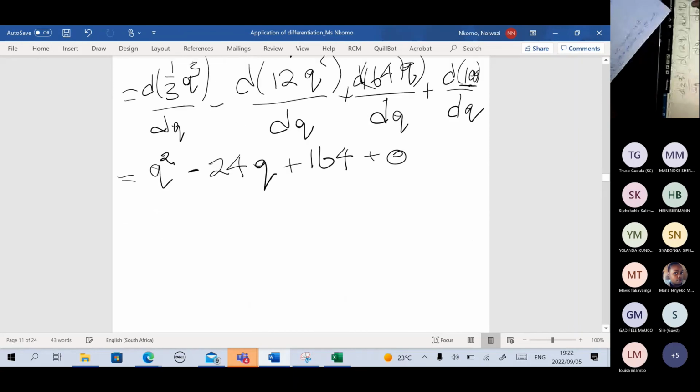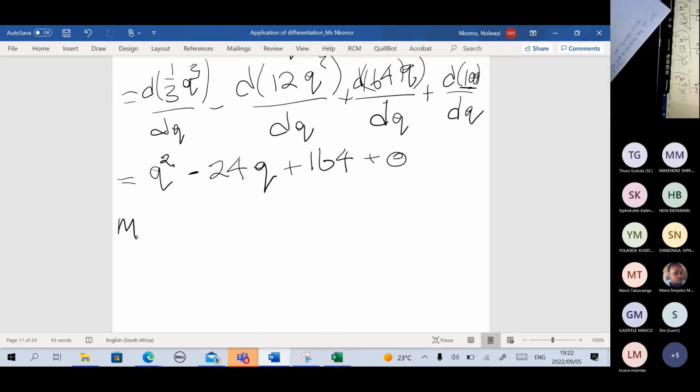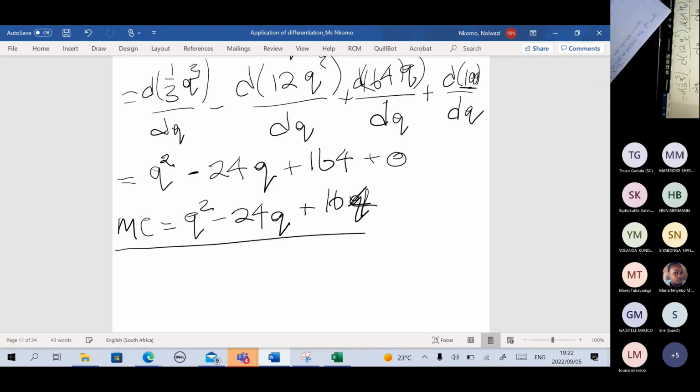So our marginal cost is equal to Q squared minus 24Q plus 164. This is our marginal cost.